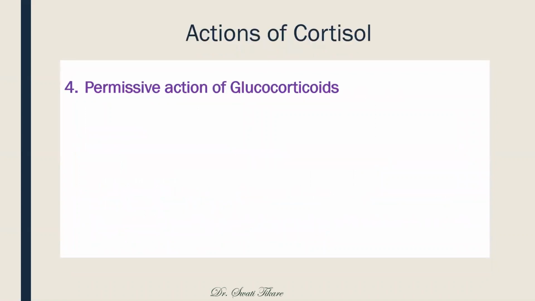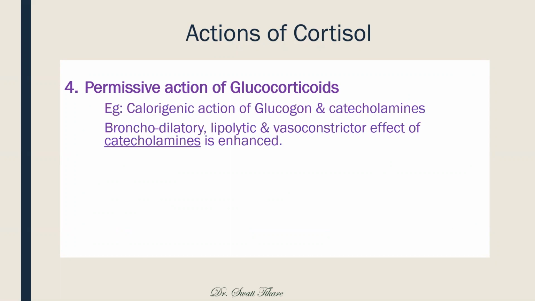Next, coming to the permissive action of glucocorticoids. One of them is the calorigenic effect of glucagon and catecholamines. For this, glucocorticoids are essential. So what is the calorigenic effect? Increase in the basal metabolism that occurs, more importantly by the catecholamines and to a lesser extent glucagon.